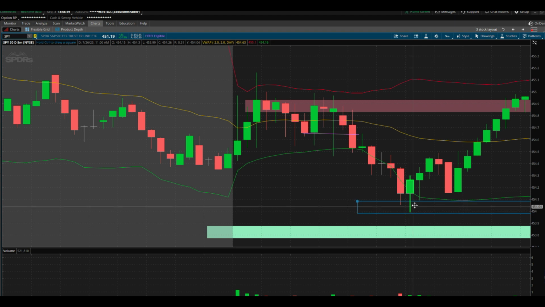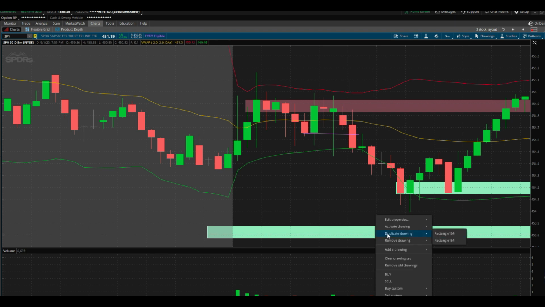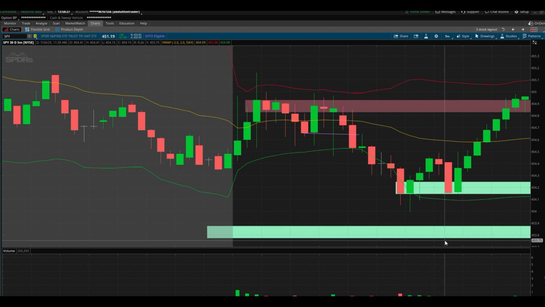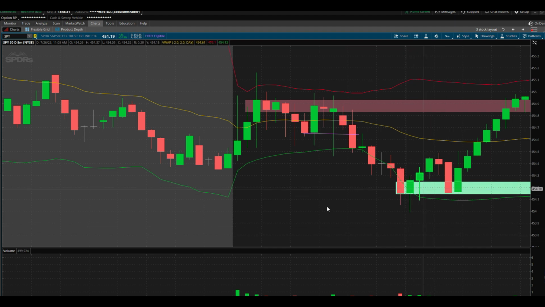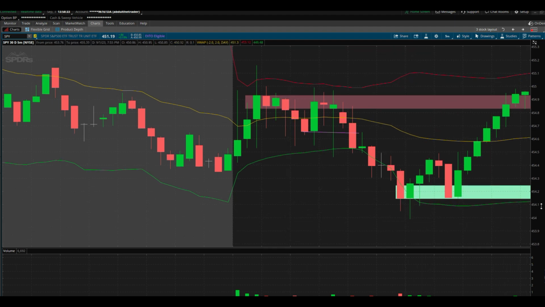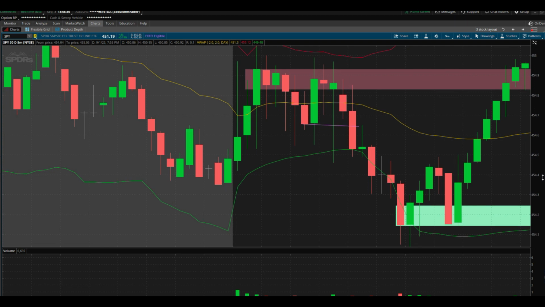So we're going to go ahead and take this and move this right here, and this will be our demand zone. Okay, this is our demand zone now. So now we have a supply zone and a demand zone.